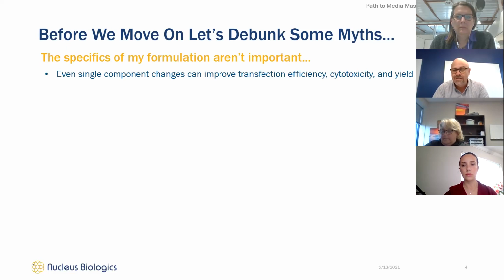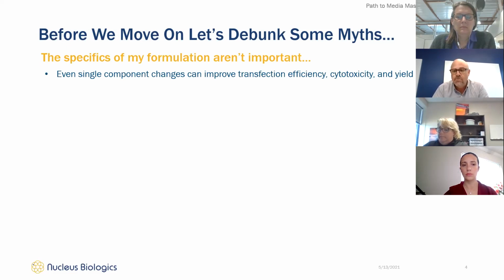And I'm actually going to call on Saba to talk a little bit about this, but we've been able to show in publications that even single component changes can really improve things like transfection efficiency, cytotoxicity, yield, potency, as we'll see in the next slide.